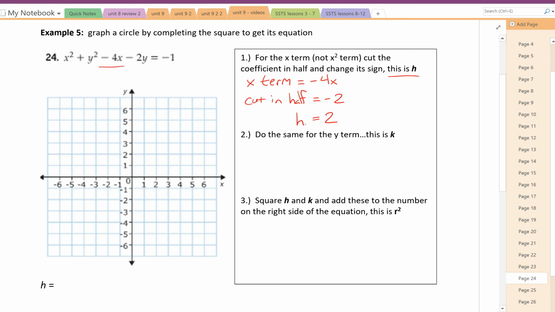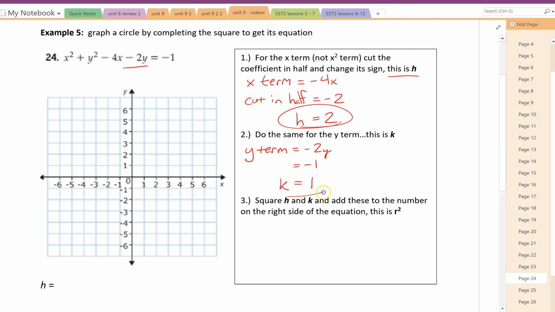I'm going to do the same thing for y. Again, the y term, not the y squared term, but the y term. So the y term is negative 2y. Cut it in half, it would be negative 1. Change its sign, and it's just positive 1. There's k.